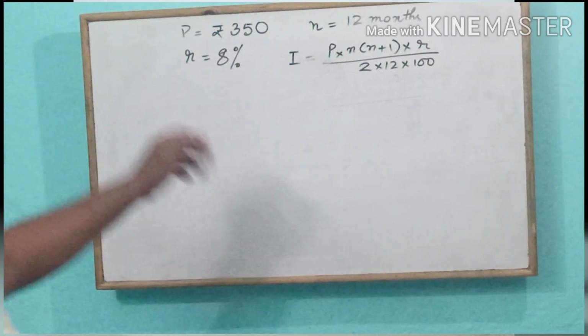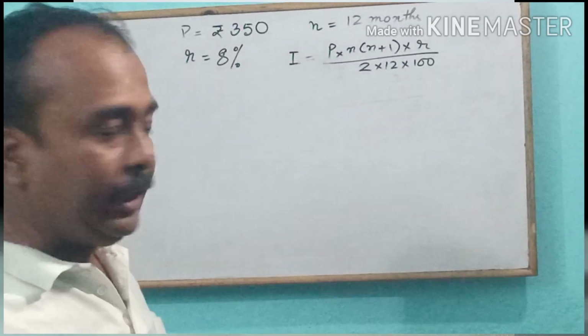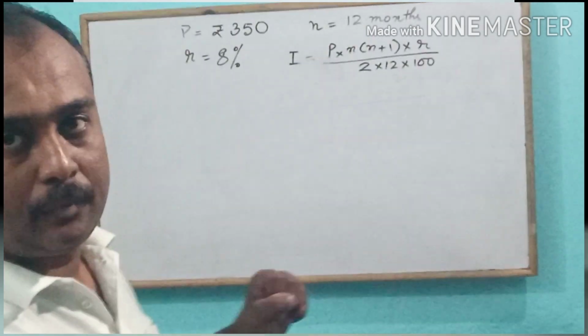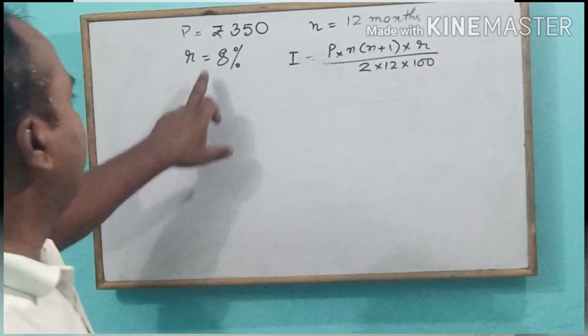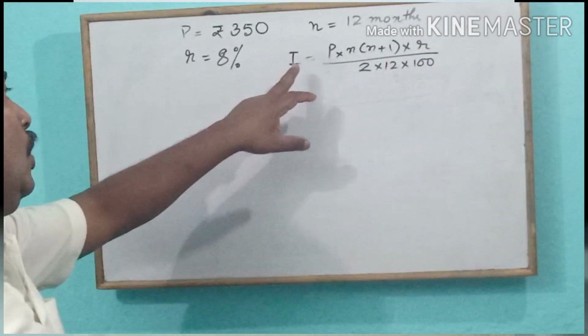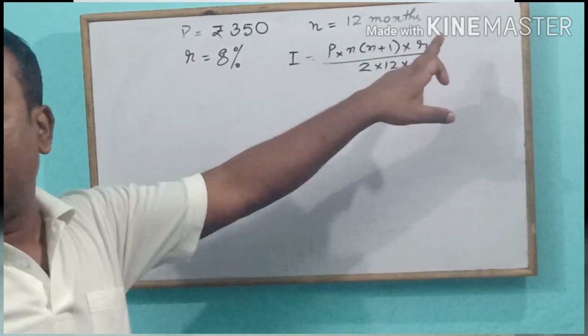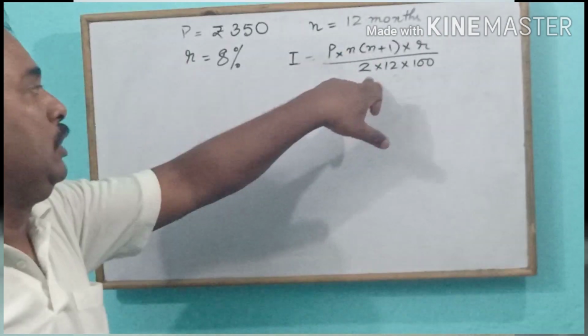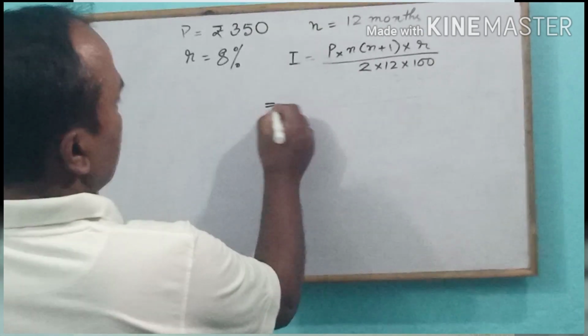So in this question, we are supposed to find out the maturity value for a person who is depositing rupees 350 for 12 months, because 1 year. So she has to pay 12 installments, and the rate of interest is 8%. Now I is equal to P into n plus 1 into R by 2 into 12 into 100. So let us put the values.